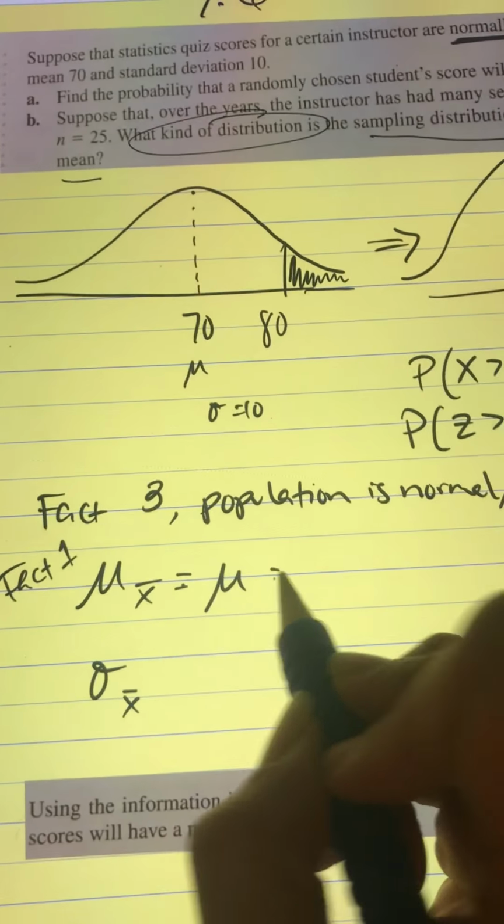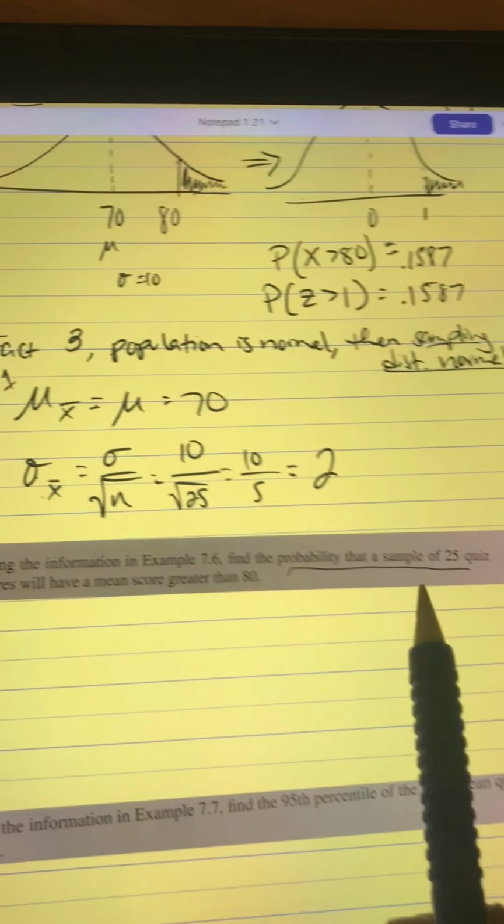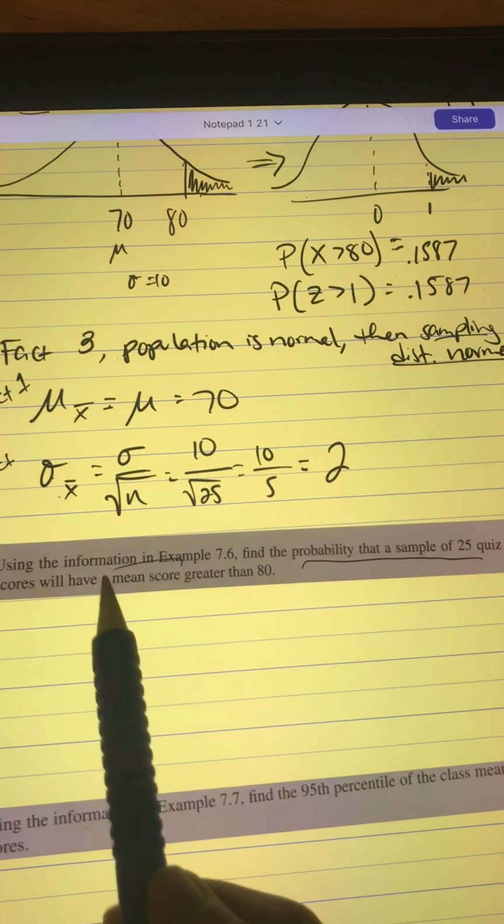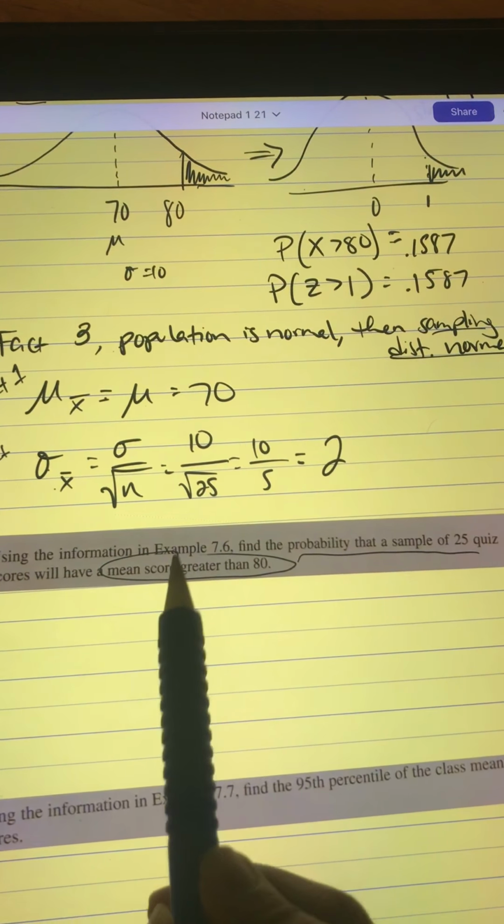Why would I need to find those if it doesn't ask me to find them in the question? Well, you will need those in something like this question. Find the probability that a sample of 25 quiz scores will have a mean score greater than 80.